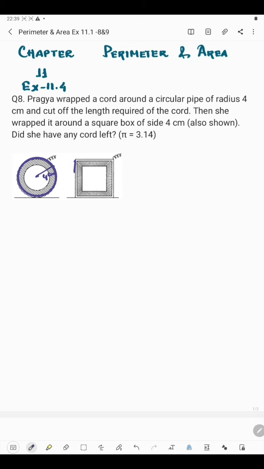Then she wrapped it around a square box of side 4 cm. We will have to find how much cord is left with her. At first, Pragya wrapped a cord around a circular pipe. Then she cut off the length.